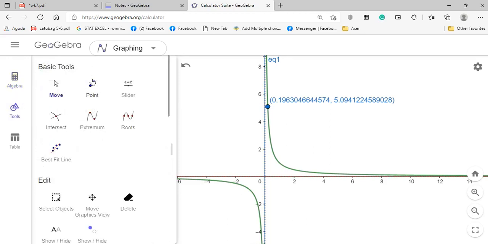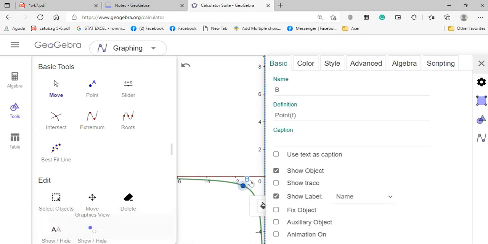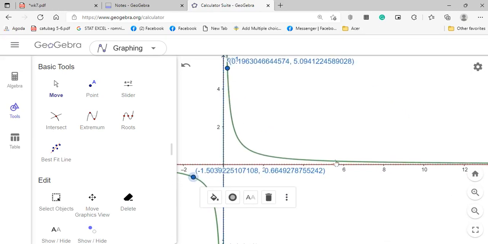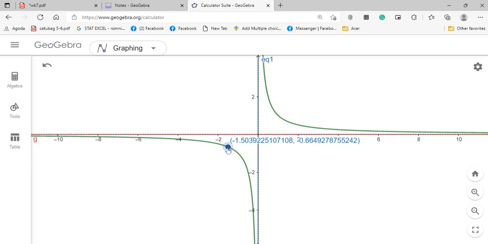Okay, maglagay naman tayo ng isang point dito sa kabila. At this point, let's say, we show the coordinates. Ayan. Dito naman kay B, mapapansin mo na kapag dinedecrease mo ang values ng x, tuloy-tuloy sa pag-decrease ang values ng y.